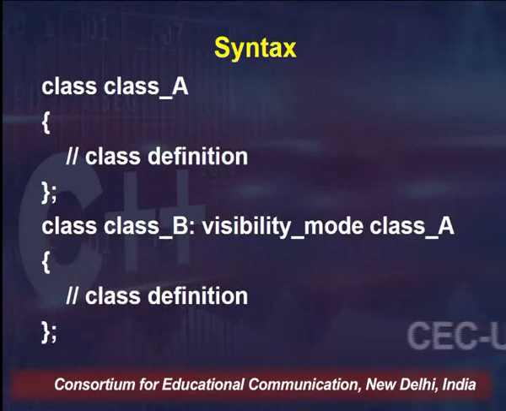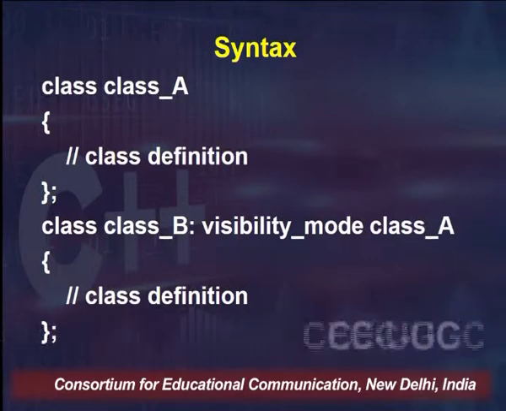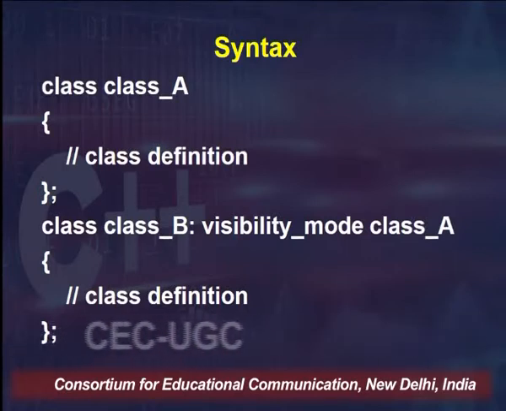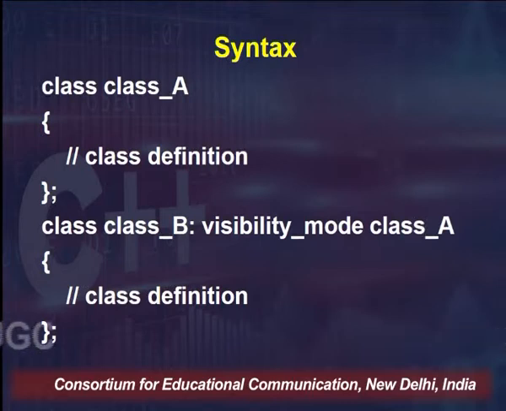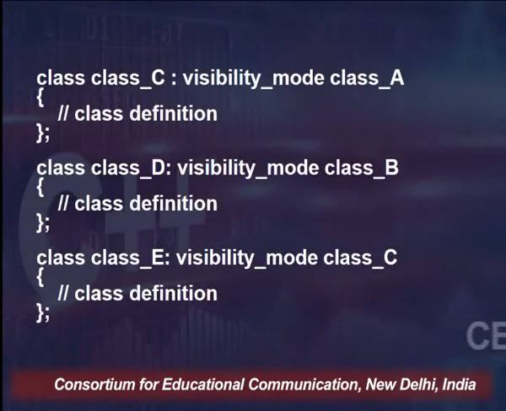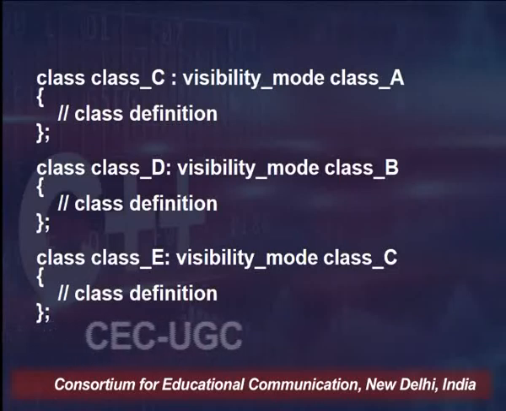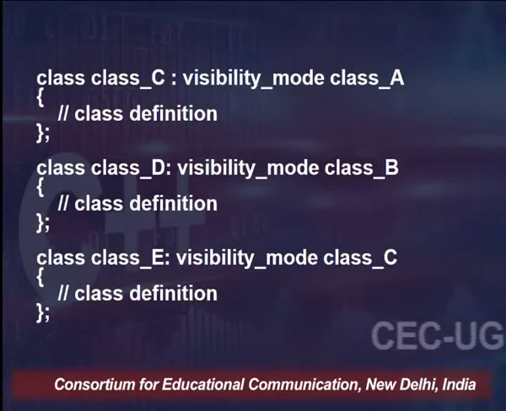So class B colon visibility mode class A, and then followed by its own class definition. Till this point, this is just an example of single inheritance, one base class and one derived class. Now proceeding further, we have class C, which is inheriting class A with a specific visibility mode.